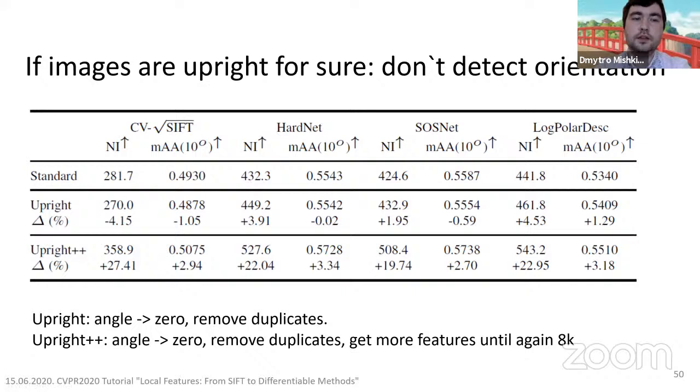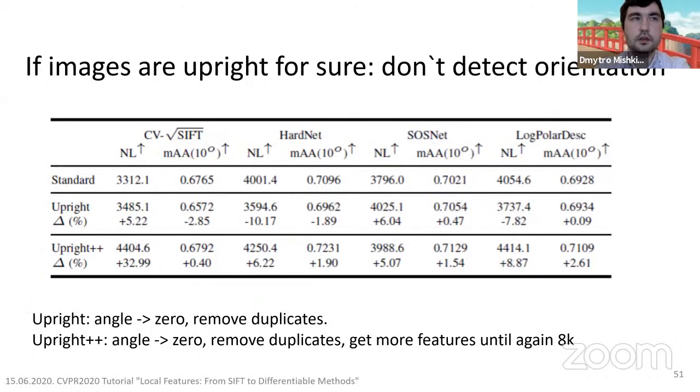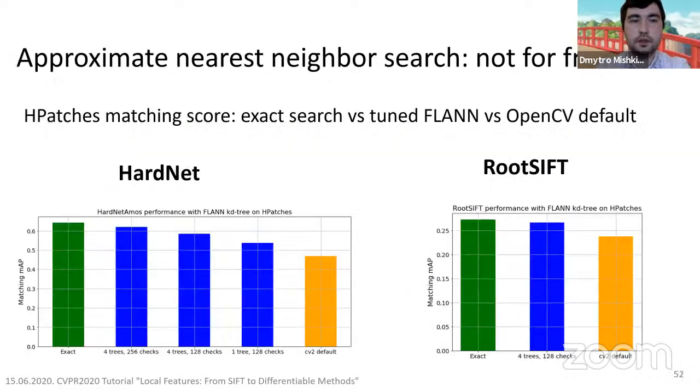And then if you add keypoints to again fill your feature budget, be it 8K or 2K, and add unique additional keypoints, it benefits everyone. It's maybe not that huge for the camera pose, but it's much bigger in the number of inliers. So you're more robust. And the same works for the multi-view as well.